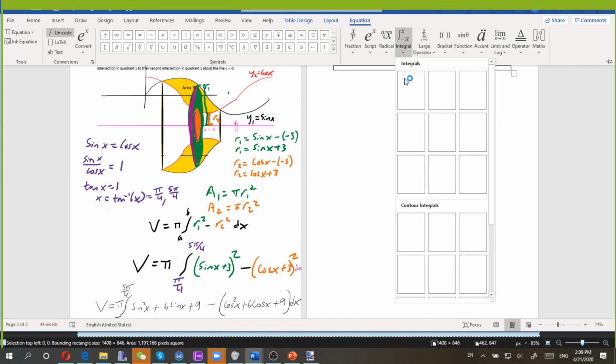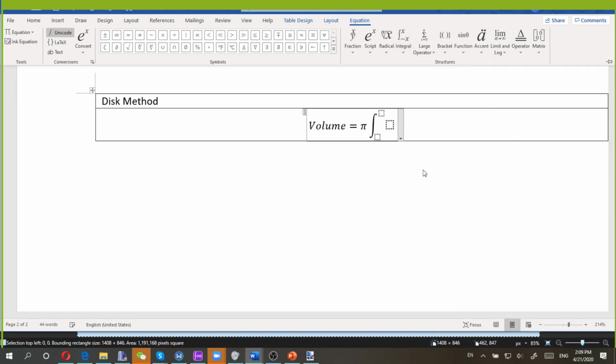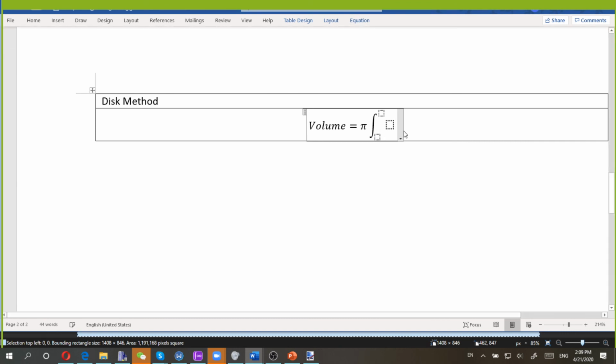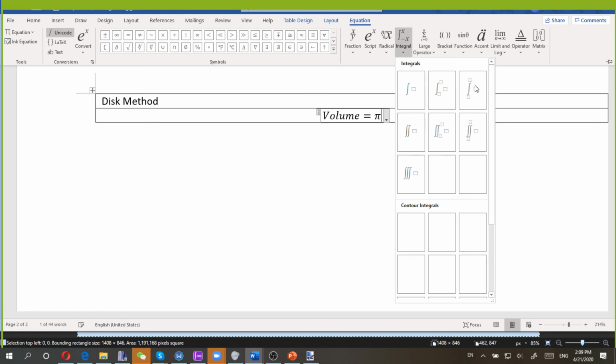I'll zoom into this in a second. Need bounds. There we go. That's not the right integral. Need this one.